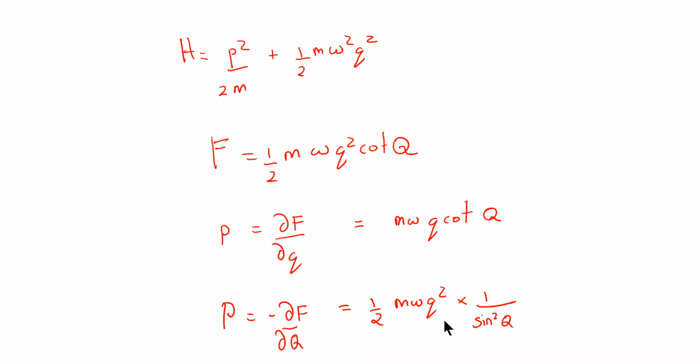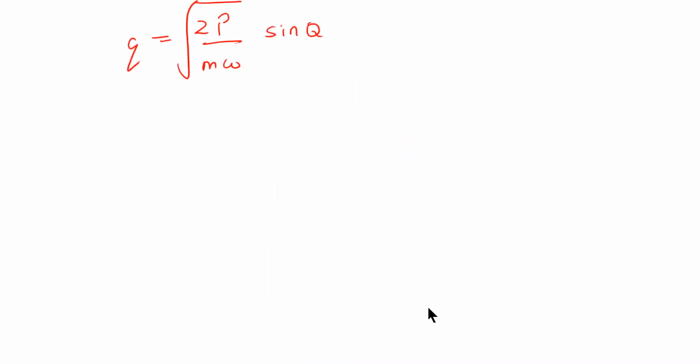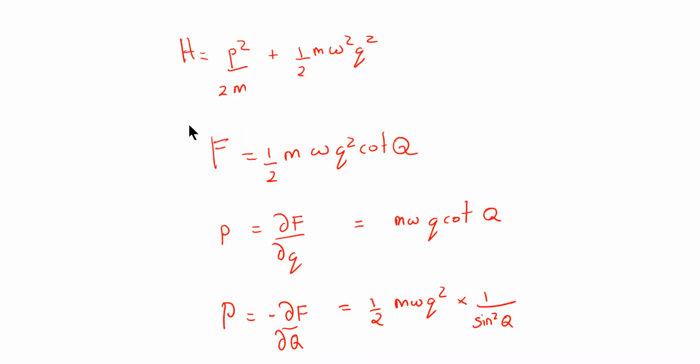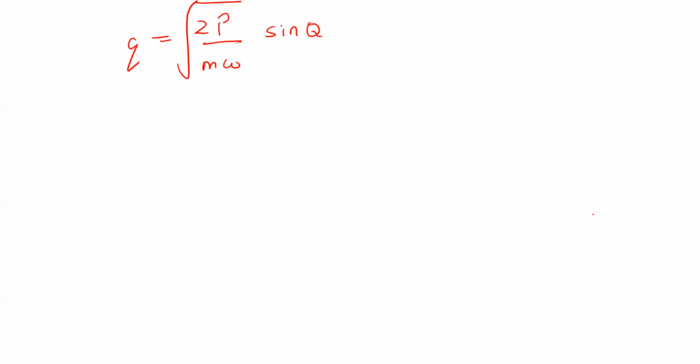So I've just rearranged this equation to get Q. Now what I'm going to do is substitute this value of Q in the equation that we got for p, this equation. So let me call this equation number 1. So substitute Q in 1.